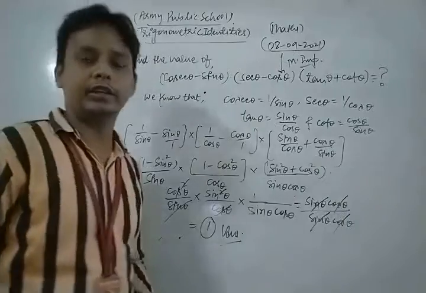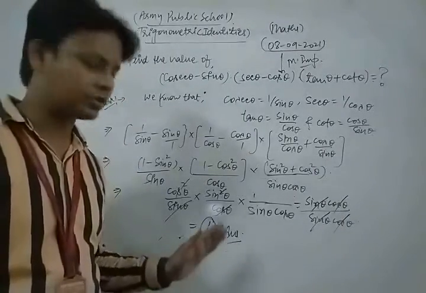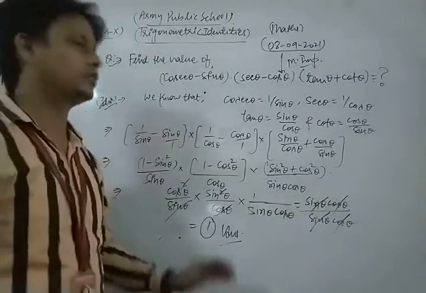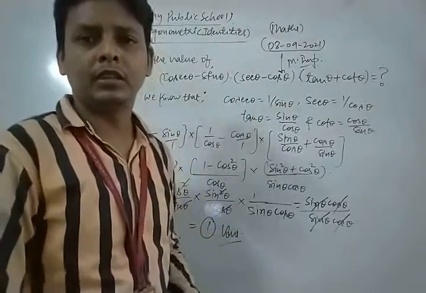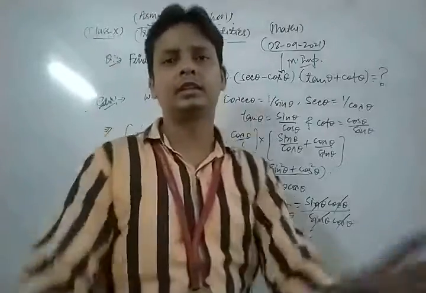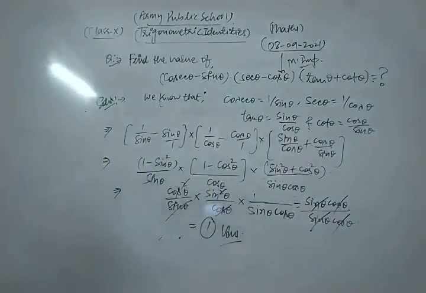So in this way, dear students, you can solve this type of question, because this is a question based totally on identities. First of all, you should know all the formulas based on the algebraic identities.